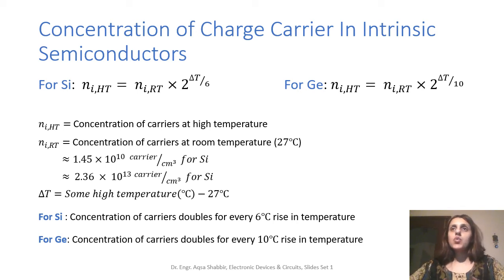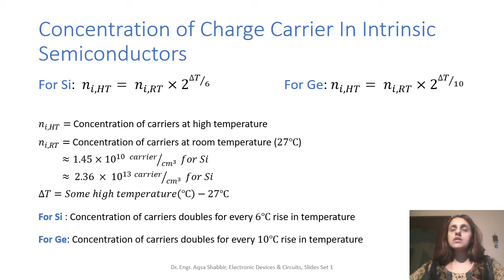So over here we see, based on these two formulas, that for silicon, the concentration of charge carriers doubles for every 6 degrees rise in temperature. Whereas for germanium, the concentration of charge carriers doubles for every 10 degrees centigrade rise in temperature.